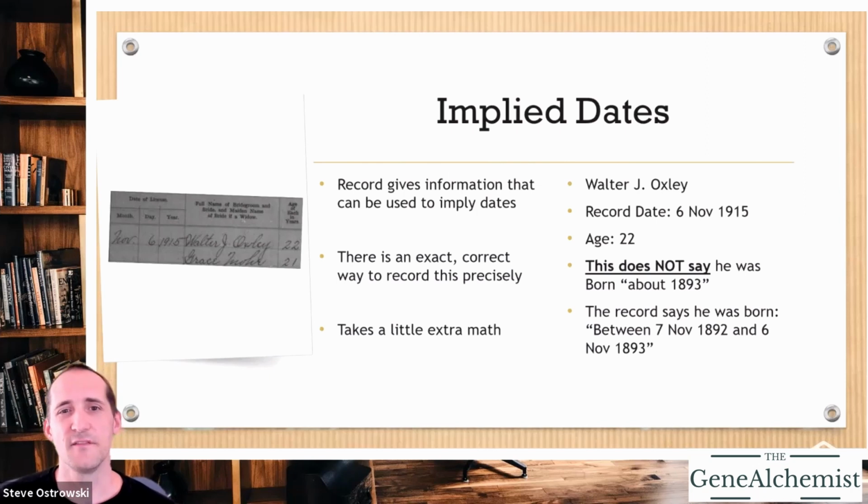What it's stating, if you were to give the implied date, is that he was born between the 7th of November, 1892 and the 6th of November, 1893. Now, explain why that is. As you can see, that's a much different recording method than about 1893. It gives us a 12-month range with a little bit of 1892 in there, and most of 1893.